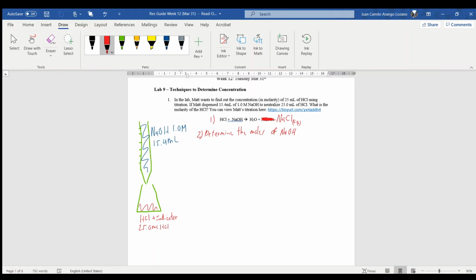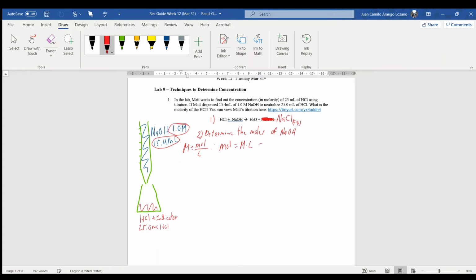The moles of sodium hydroxide can be determined because in this case I have the concentration of sodium hydroxide and I also have the volume I used. If you recall, molarity equals moles per liter, therefore moles is going to equal molarity times my volume.